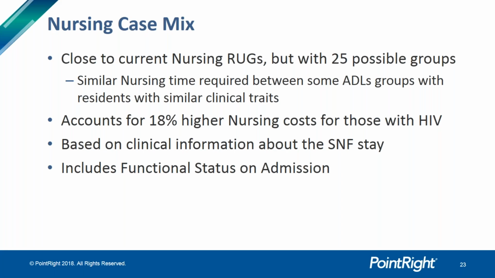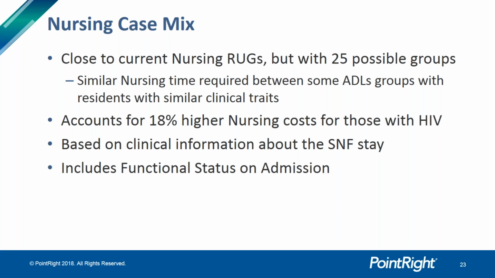And one of the reasons why CMS believed that it was appropriate and acceptable to collapse the nursing groups is when they looked at some of the ADL groups, particularly the ones that were close together, there was no more nursing time required between similar ADL groupings and residents that had similar conditions or clinical traits. So they were able to collapse some of the possible groups down in that manner.